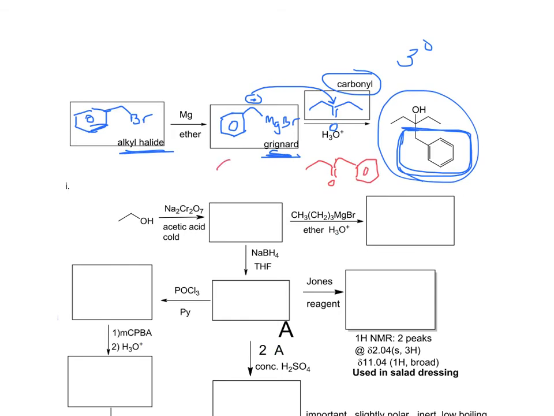That would mean that your Grignard reagent is a 2-carbon chain, and so ethyl bromide is what you're going to begin with. So either of the two answers is a good answer for that question, or a similar question.